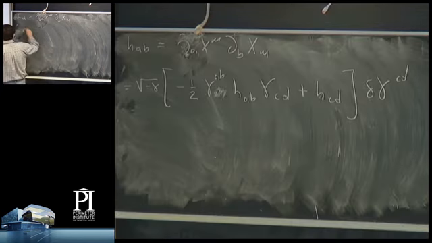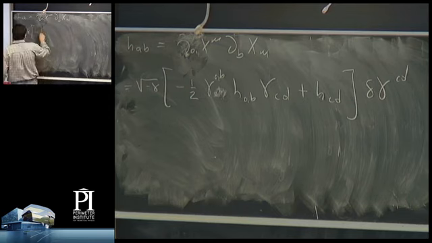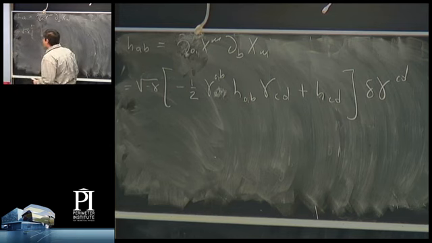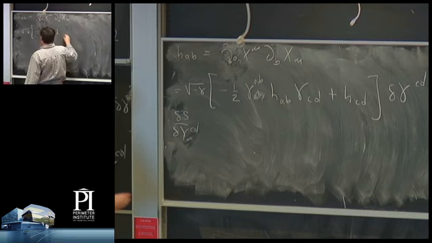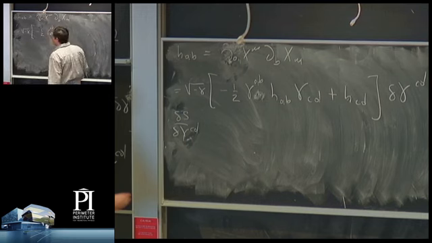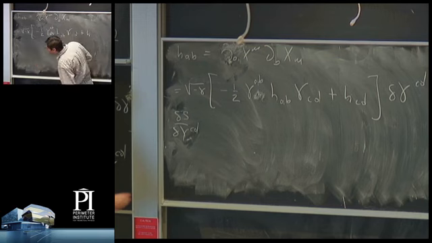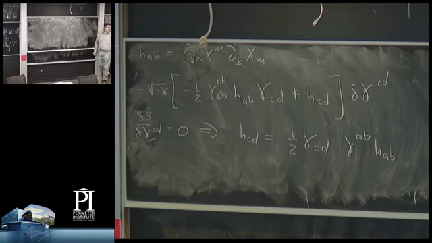So this equals the square root of minus gamma. Then I have, as you can see, minus 1/2 gamma^AB h_AB times gamma_CD plus h_CD, delta gamma^CD.